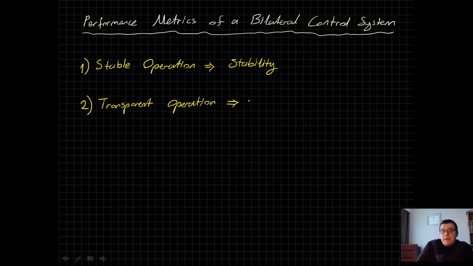What is transparency? Let me write here: transparency. I didn't make any definition for stability because you know what it means. We're actually talking about BIBO stability, bounded input, bounded output stability here. But for transparency, I have to give a definition. Let me write in the broadest sense.